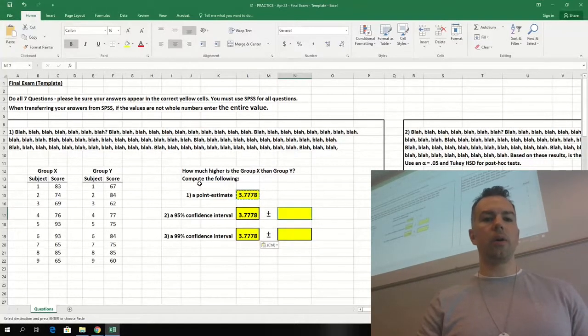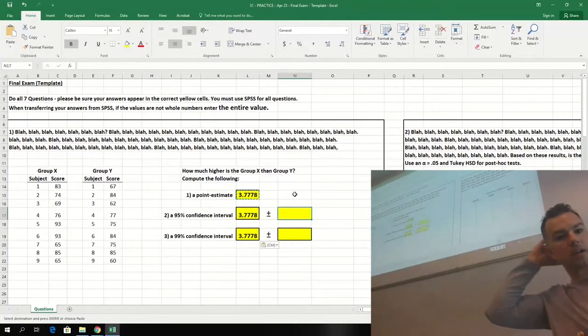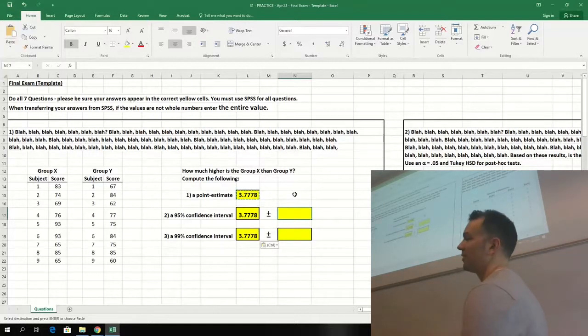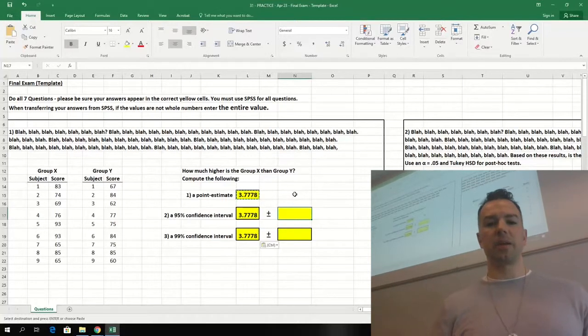Well, you are going to be graded to a certain number of decimal places, a certain number of significant digits, but if you have more than that, it's not going to be an issue. And I highly encourage just copy the whole value from SPSS, because I've seen too many students round incorrectly, and I know they're doing it in their head, and it's just super easy to make a mistake. So I'll put the whole value in there.